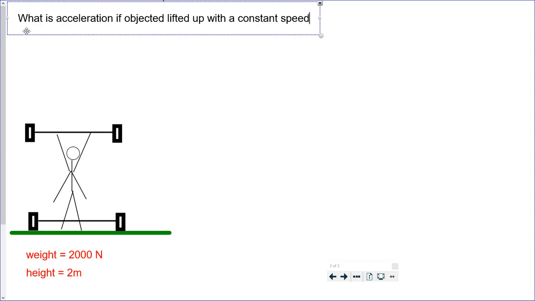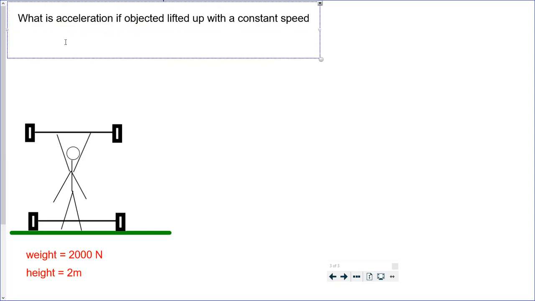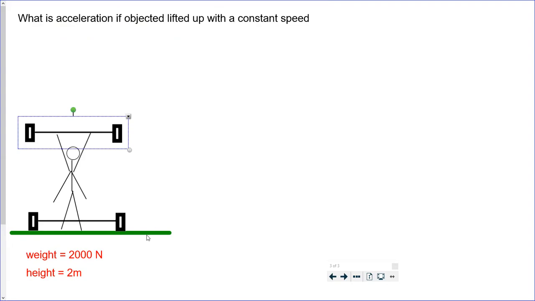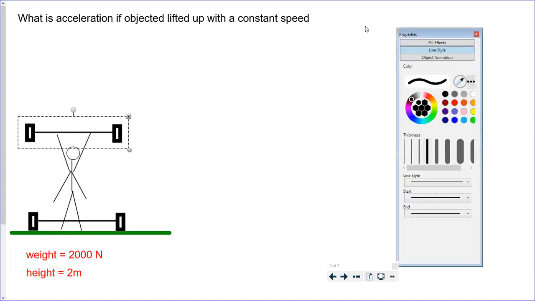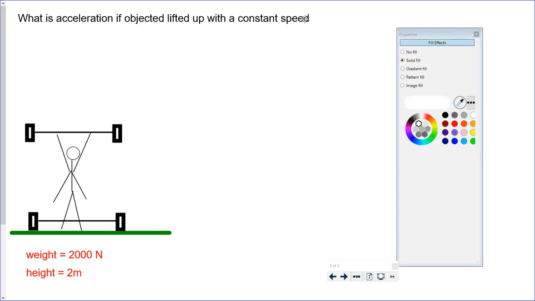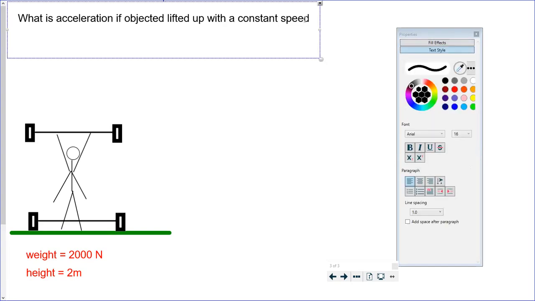So can you tell me the answer to that part? If the object is lifted up with a constant speed, what will be the expression? Write in the chat. That's right, Fatma. Aisel, what will be the expression if the object is lifted with a constant speed? Okay, that's right, but can you tell me the magnitude?